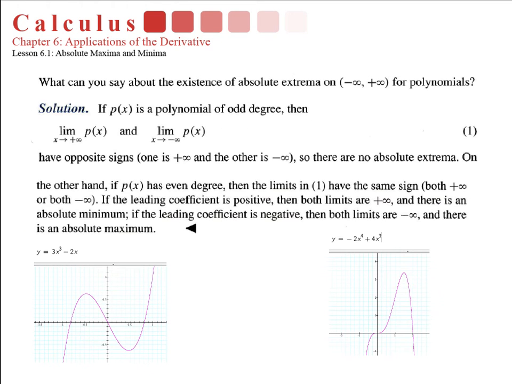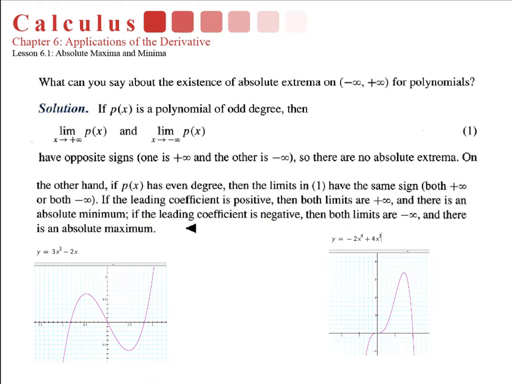Now, after looking at those four examples, the question is this: what can we say about the existence of absolute extrema on the real line for polynomial functions? You remember that polynomial functions are some of the nicest functions to differentiate because we only have to use the power rule.